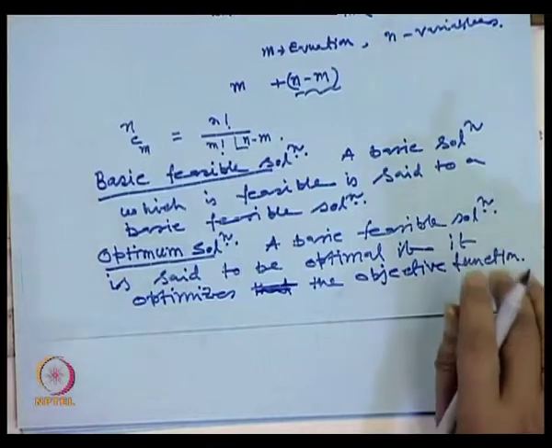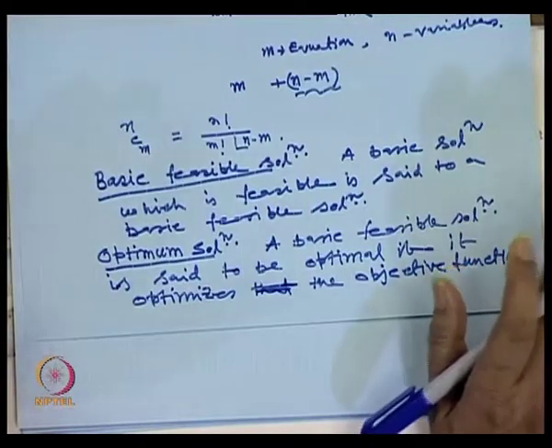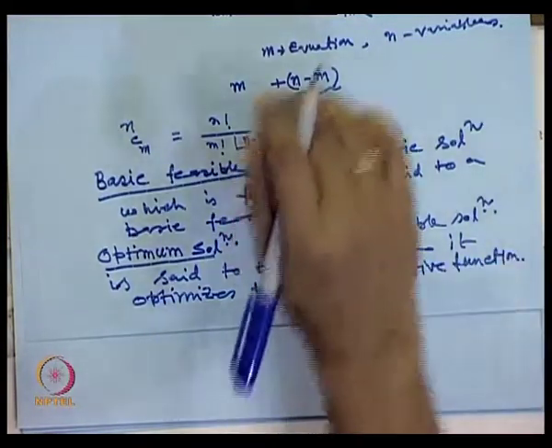That means, suppose we get multiple basic feasible solutions. Out of all these basic feasible solutions, the one which gives the optimal value of the objective function we will call the optimal solution of the linear programming problem.